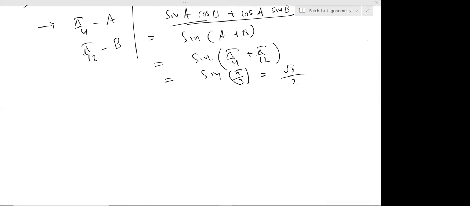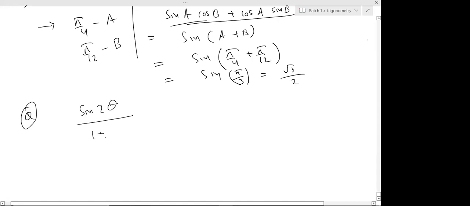See, the only way to get better at trigonometry is solve many questions. Prove that sine 2 theta upon 1 plus cos 2 theta is equals to tan theta. All right. Prove this one out. I'll give you a few minutes.